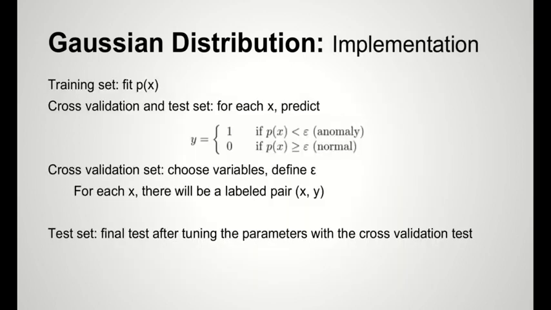And because we know previously which is the correct answer for this x, I mean, we know which x has a y equals to 1, we know if it is an anomaly, and we know if y is 0. So that gives us a tool to evaluate our performance.